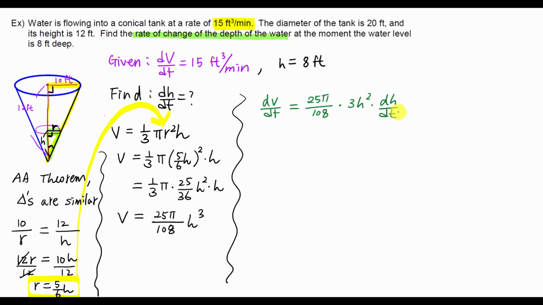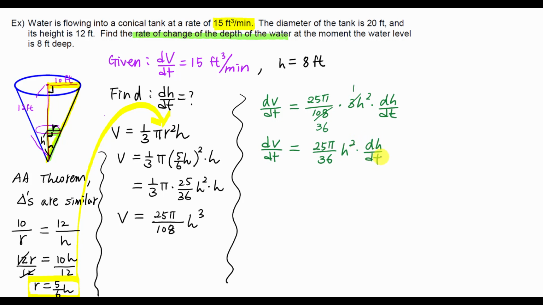And then 3 and 108 get reduced. So 3 goes into 3 once, 3 goes into 108 36 times. dV/dt is then 25 pi over 36 h squared dh/dt.